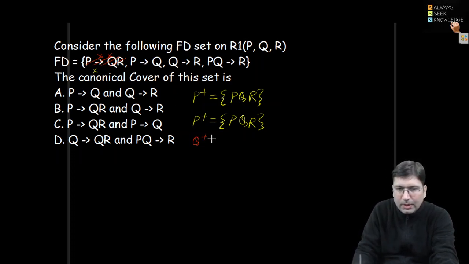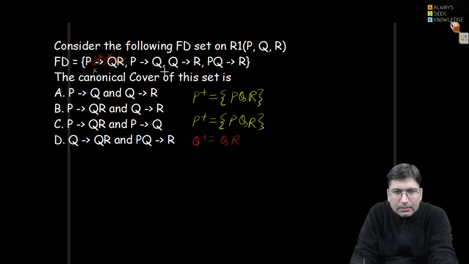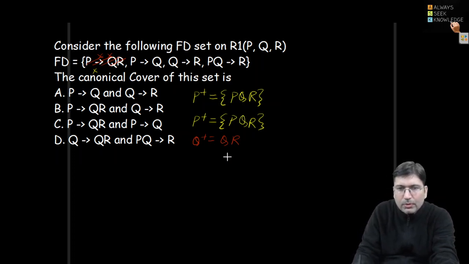If you try to find the closure of Q, you will get Q, R, so Q will give you QR, and that's all. It will give you QR only.